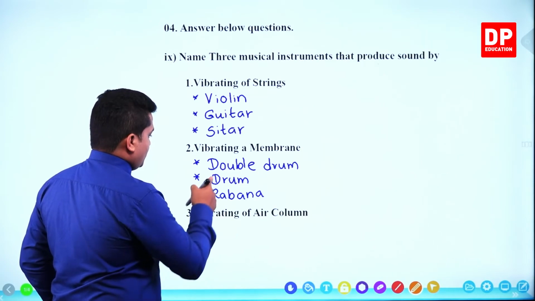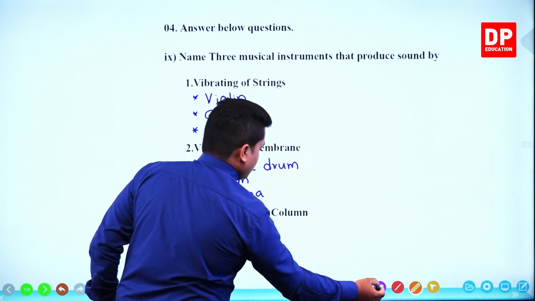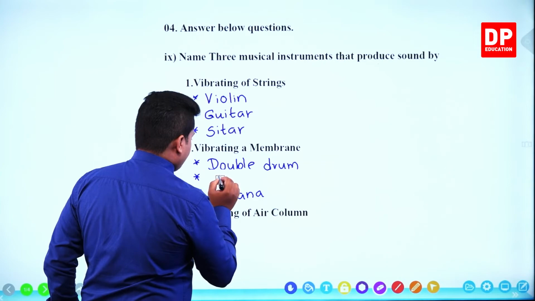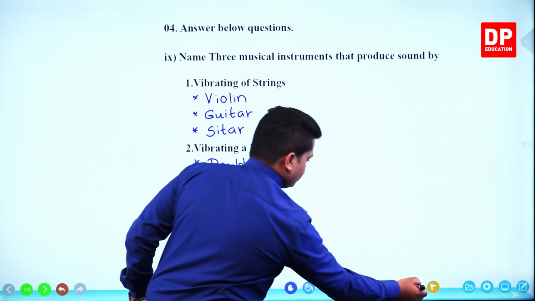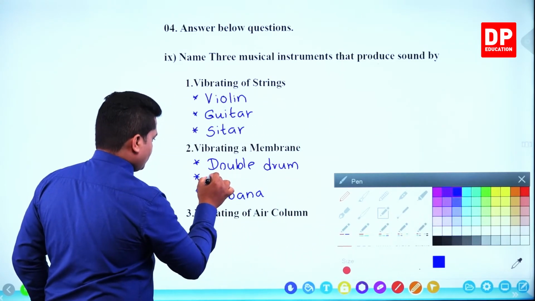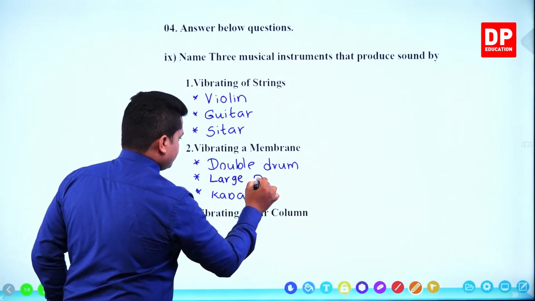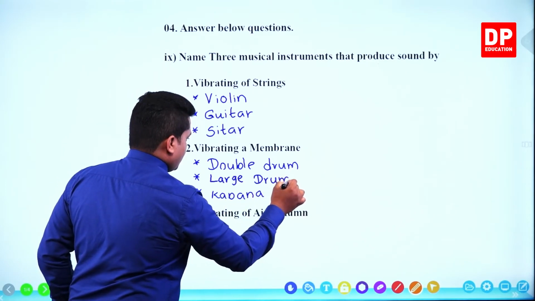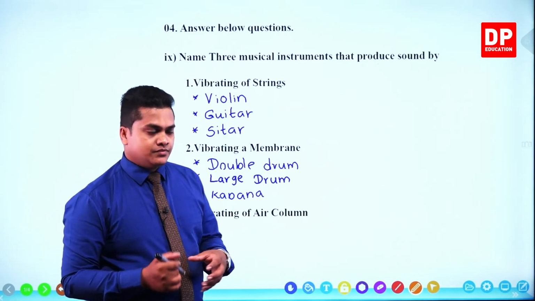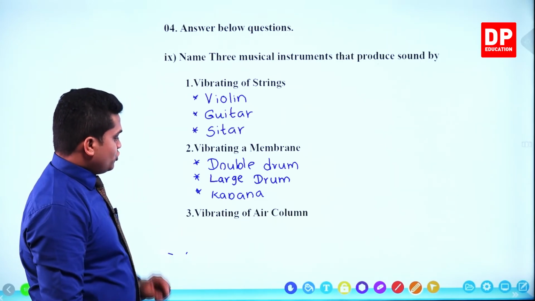So instead of drum, I'll use large drum. In Sinhala, we refer to this as the dowla, okay? So in the third one, you need to write down 3 instruments.